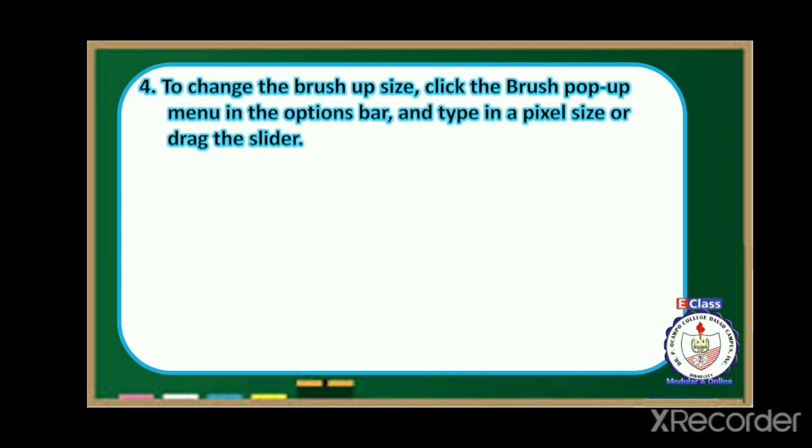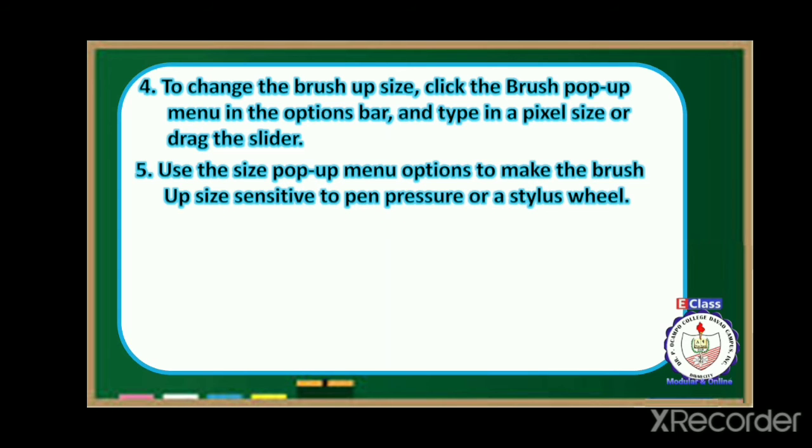The default option is new if nothing is selected. But after making the initial selection, the option changes automatically to add to. Fifth, use the pop-up menu option to make the brush tip size sensitive to pen pressure or stylus wheel.